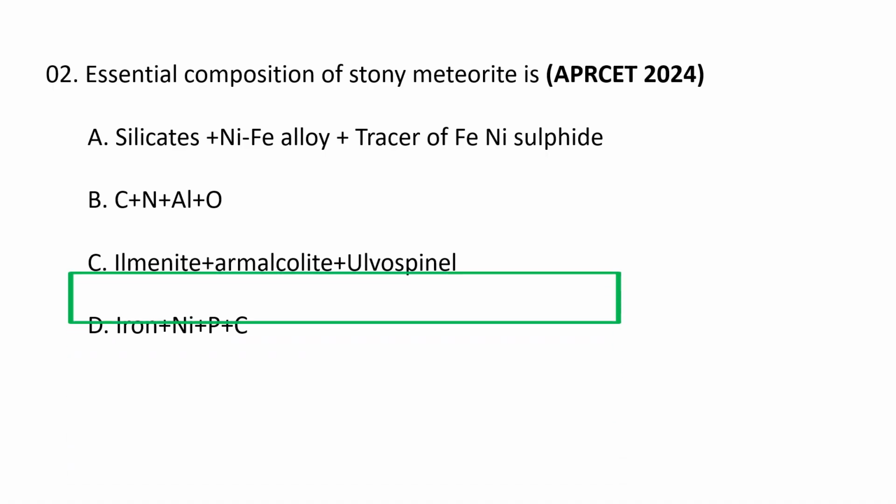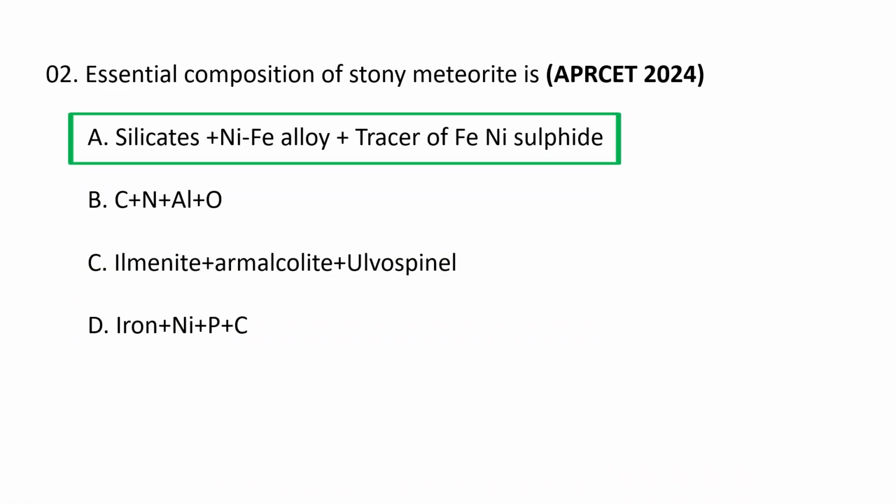The essential composition of stony meteorites is silicates, nickel iron alloy and traces of iron nickel sulfides. The specific amounts of each component can vary depending upon the type of the stony meteorite.